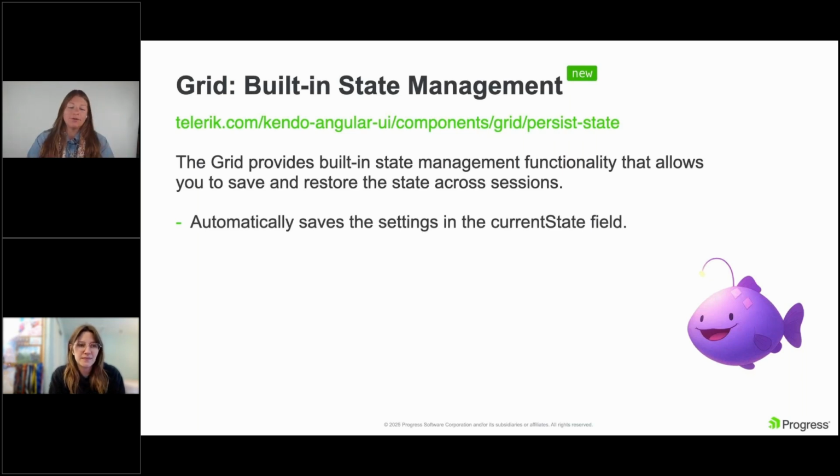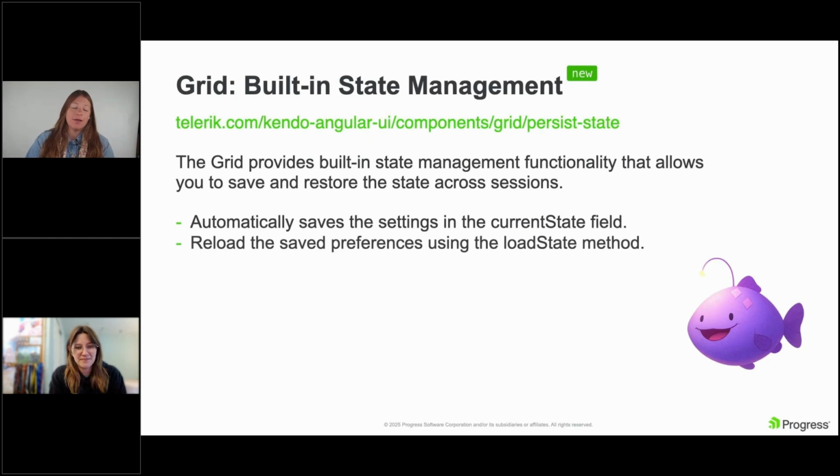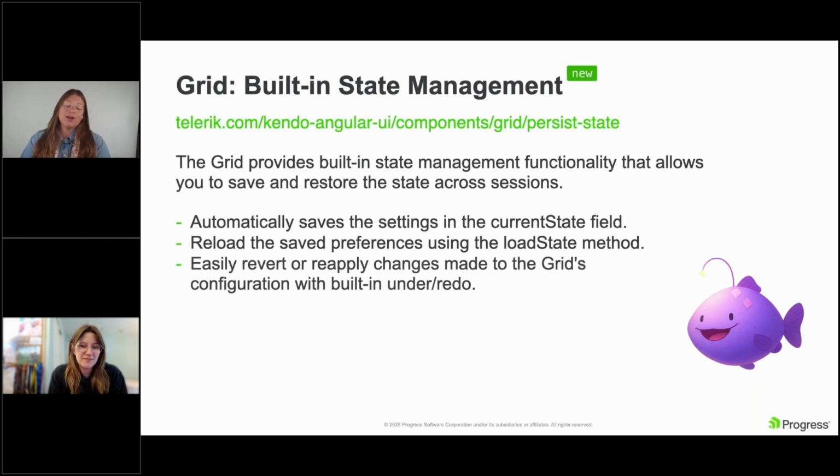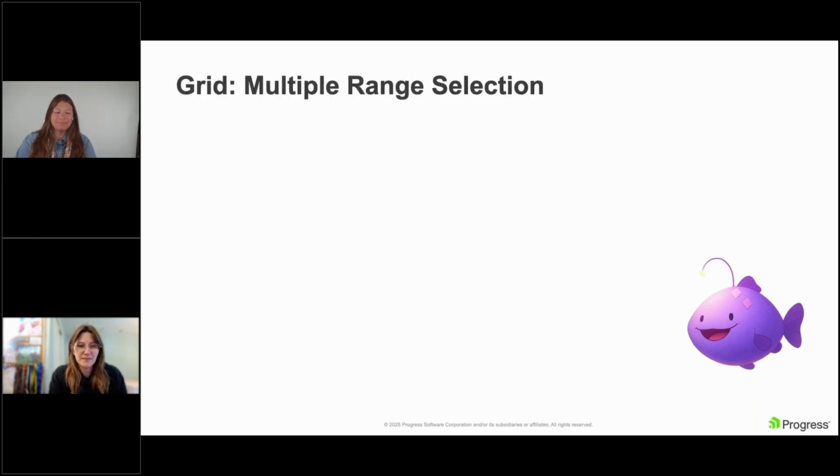It provides state management functionality that allows you to save and restore whether they leave the page or come back. So it saves things to a current state field, reloads the saved preferences whenever with a load state method, and lets you easily revert and reapply changes with an undo or redo.